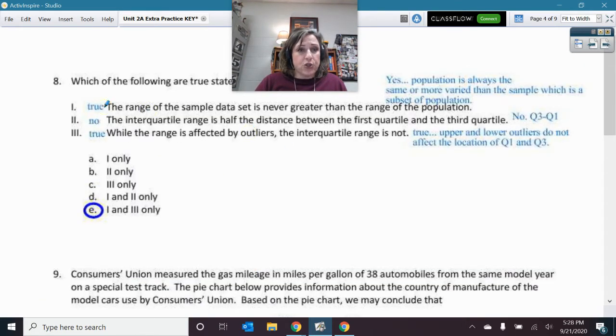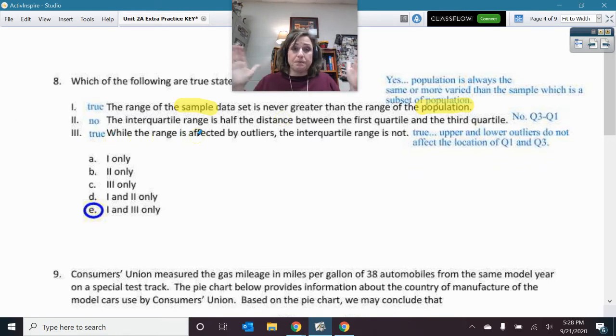So on this one, which statements are true? The range of the sample is always going to be the same or less than the range of the population because that sample will always be a subset of that population. Okay. 2 is not true. The IQR is Q3 minus Q1. 3 is true.